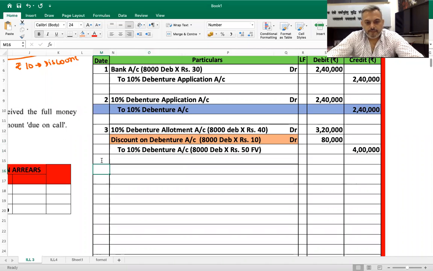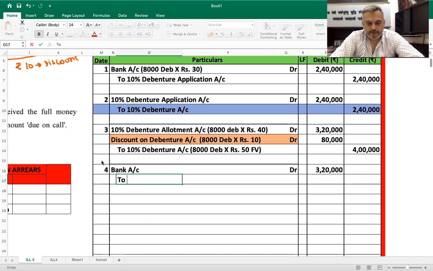Fourth, bank account. Debit, we called for 3,20,000 and we received 3,20,000, no calls in arrears.